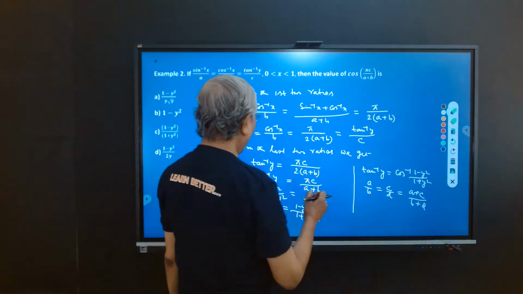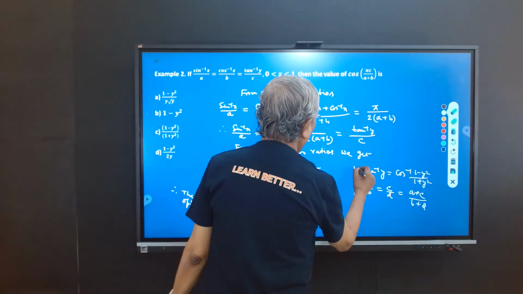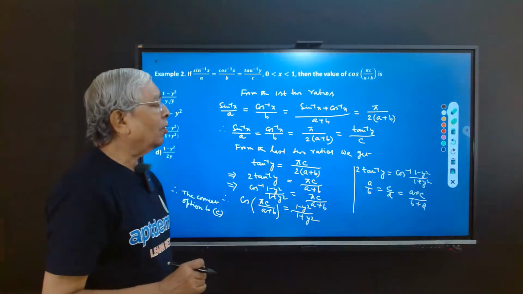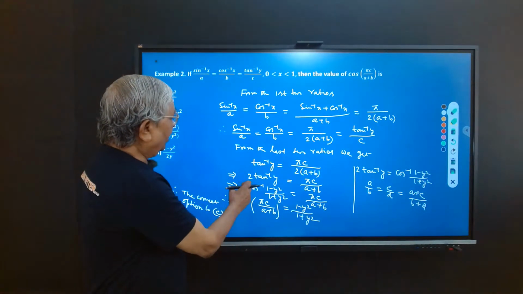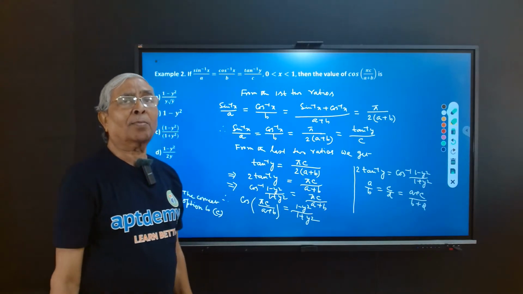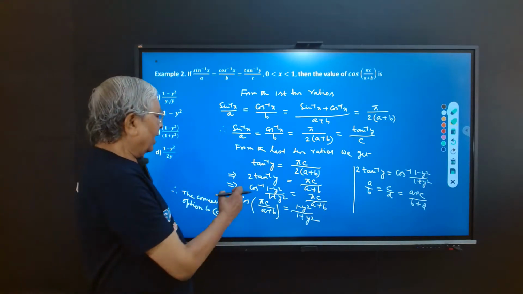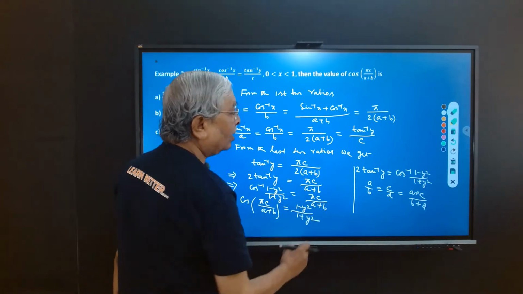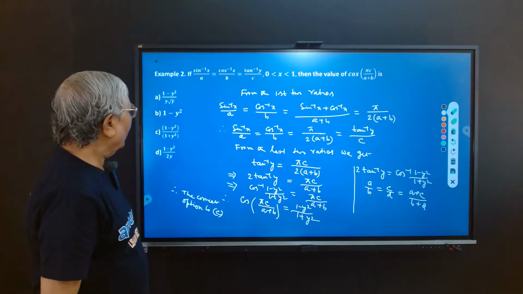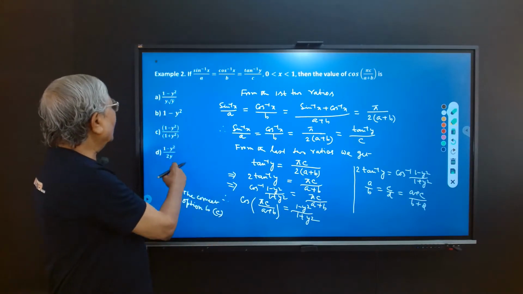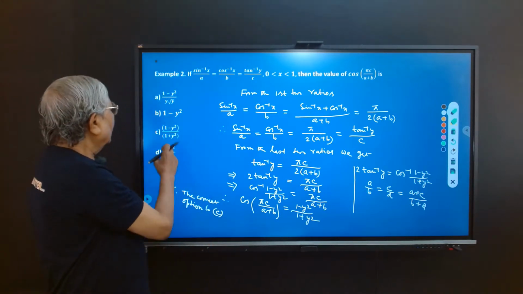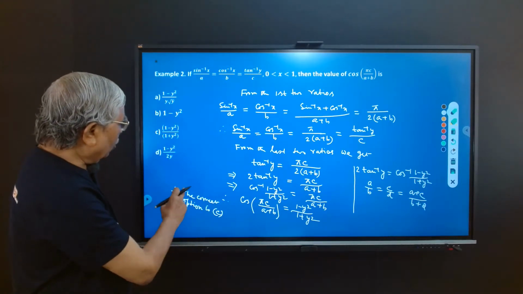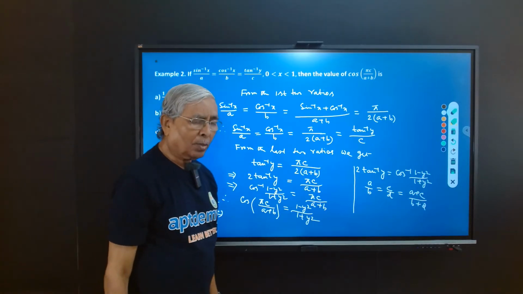So 2 tan inverse y equals cos inverse of 1 minus y square by 1 plus y square. And therefore, cos of pi C by A plus B equals 1 minus y square by 1 plus y square. So here look at the 4 options. The third option is 1 minus y square by 1 plus y square. So the correct option is C. Thank you.